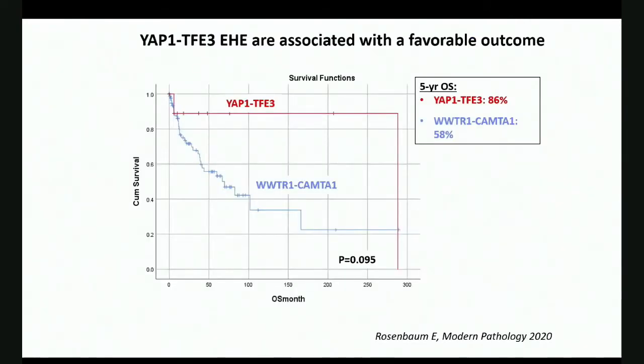In our subsequent recent series, limited to MSK experience, we confirmed most of the initial findings and showed that YAP1-TFE3 EHE have a 5-year survival of 86% compared to WWTR1-CAMTA1 of 58%, although the difference was not statistically significant due to too few cases.